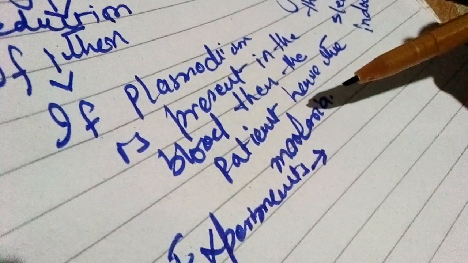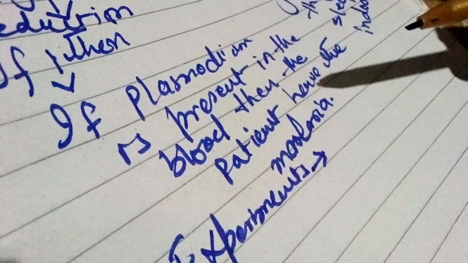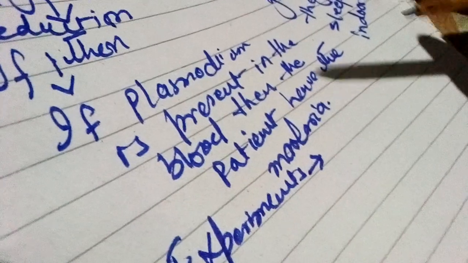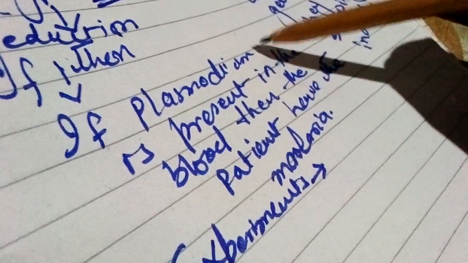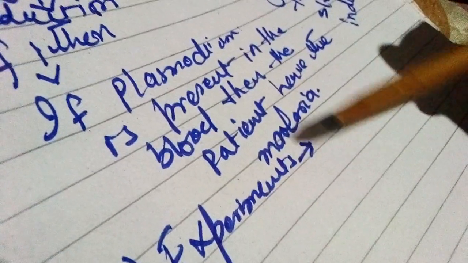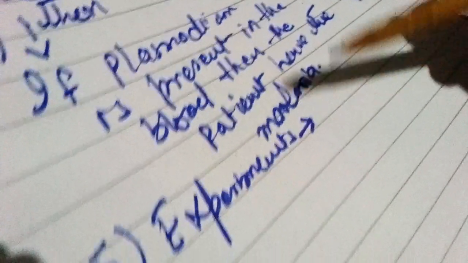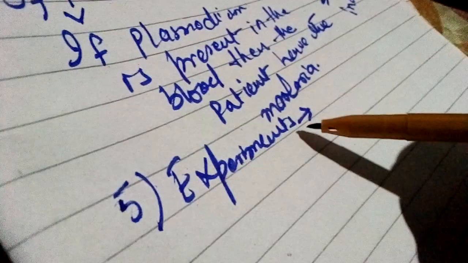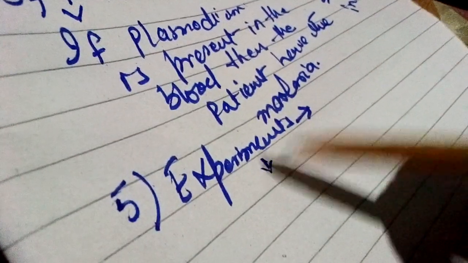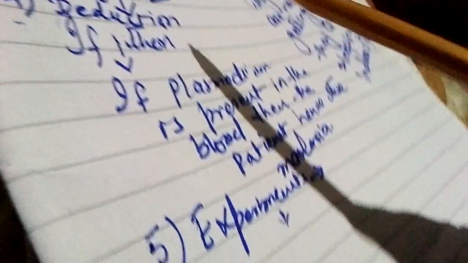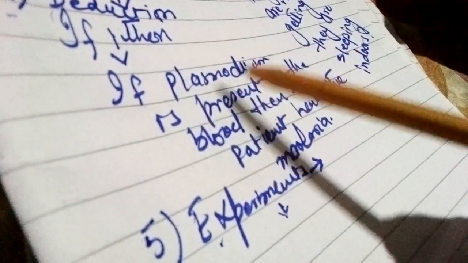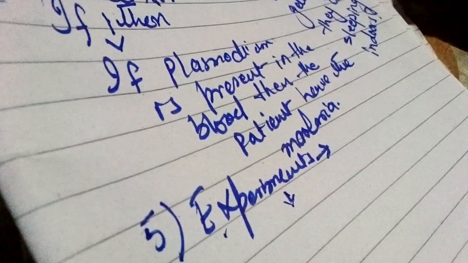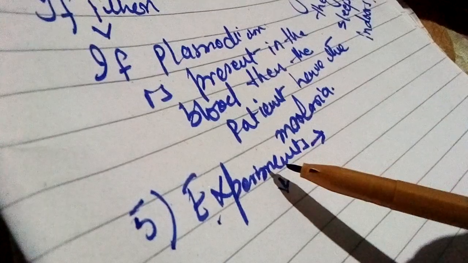He tested about 300 malarial patients, and a high percentage was affected with Plasmodium, and it was proved that Plasmodium is the cause of malaria. Check the box to see the experiment of Ronald Ross. According to the deduction, if Plasmodium is present in the blood, then the patient has malaria, so it should be checked by experiments.